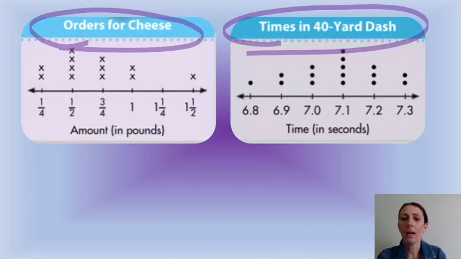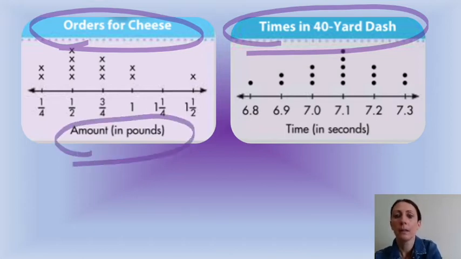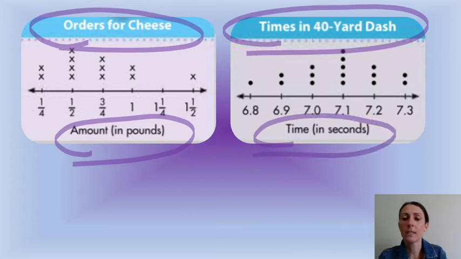Also, a line plot includes labels. You're going to see that the number line is labeled with, in the first one, amount in pounds. That means that we're talking about the orders for cheese are in pounds. They're not in ounces. They're not in tons. It's pounds of cheese.